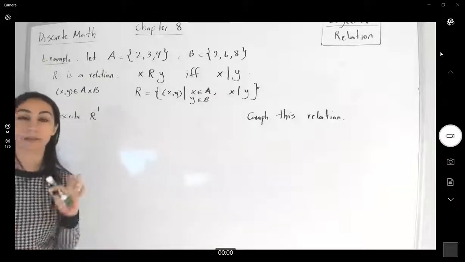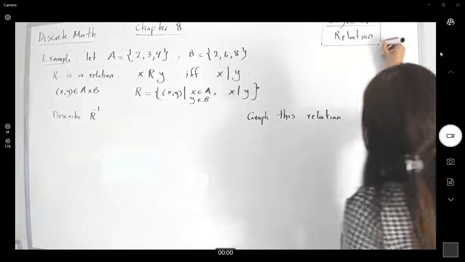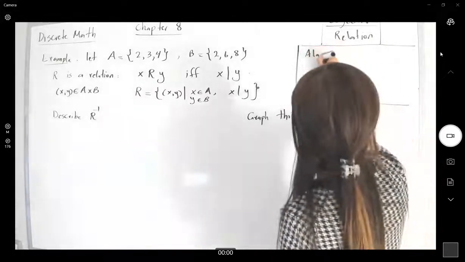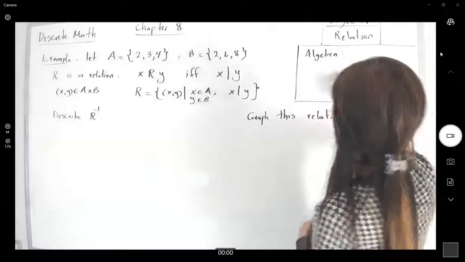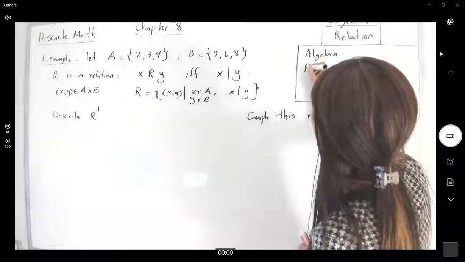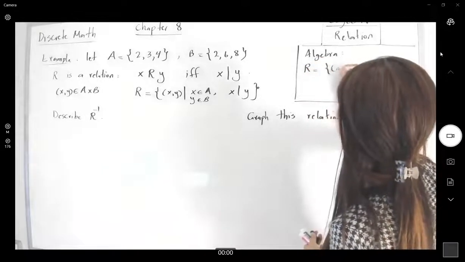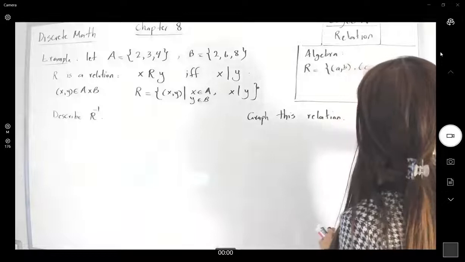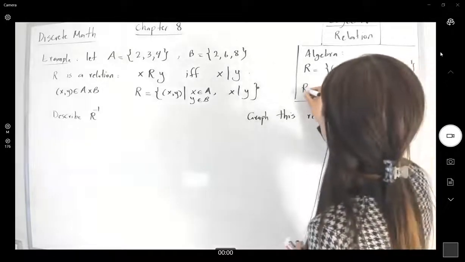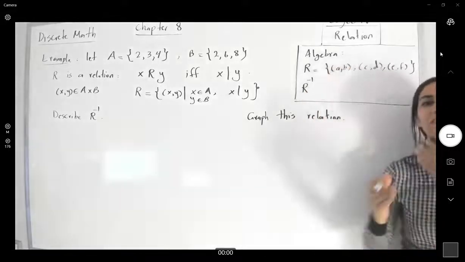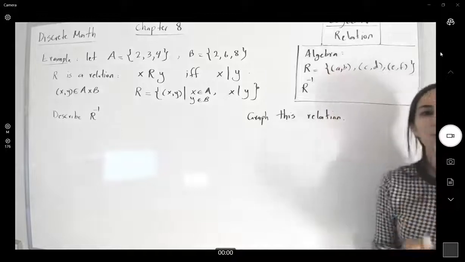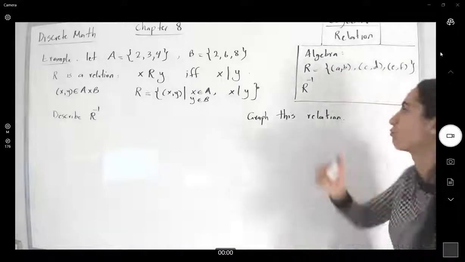First of all, recall that from algebra. If we have a collection of points, X and Y's, if R is defined as the collection of AB, CD, EF, the inverse of that relation is by switching X and Y's.